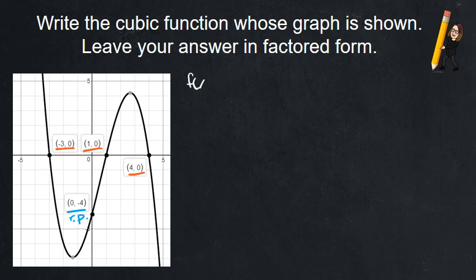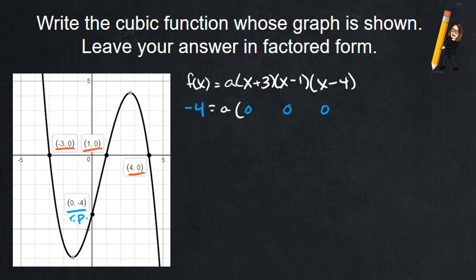I would have f of x equals a, and I'm going to have x plus 3, x minus 1, and x minus 4. Now we need to plug in my random point. So I'm going to plug in -4 for y and 0 for x.